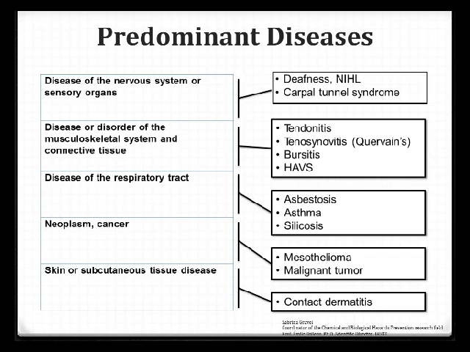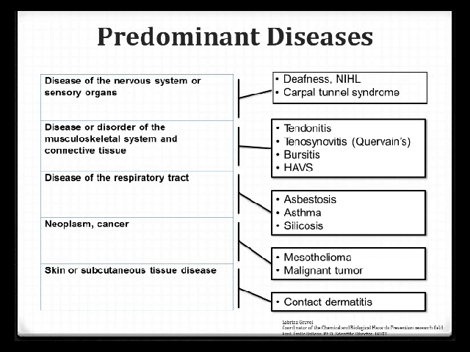A completely preventable disorder, disease. Noise-induced hearing loss is one of those pieces that we can be tracking and we can be preventing if we control the amount of noise within our environments.